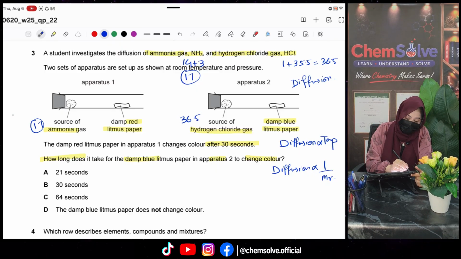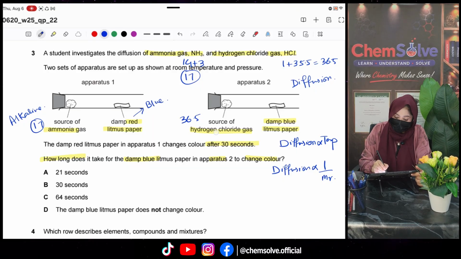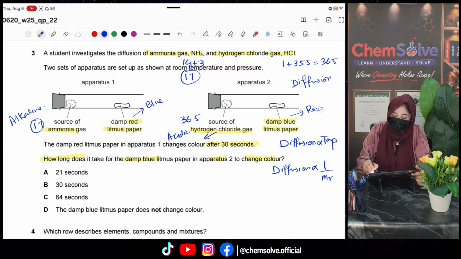You know, ammonia is an alkaline gas, so it will turn the damp red litmus paper blue. While HCl is an acidic gas, so it will turn blue litmus paper into red.